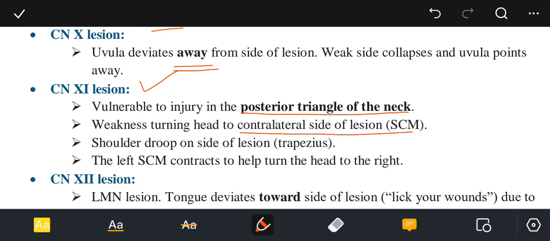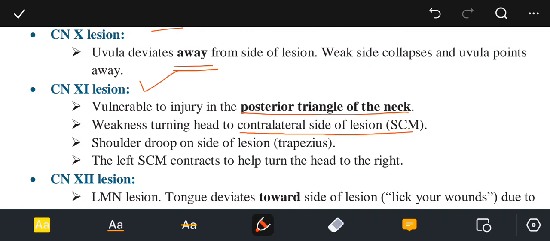Try turning your head to, suppose, the right side. If you are turning your head to the right side, you will feel that the left sternocleidomastoid muscle has become taut, right? And if you move your head to the left side, the right sternocleidomastoid muscle will contract and become taut. So the sternocleidomastoid muscle helps you move your head towards the opposite side, right?